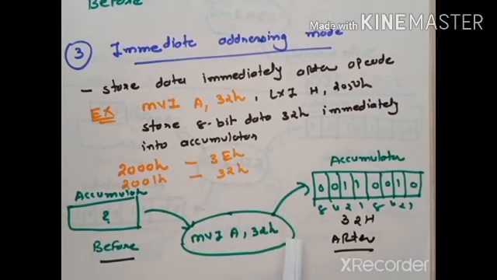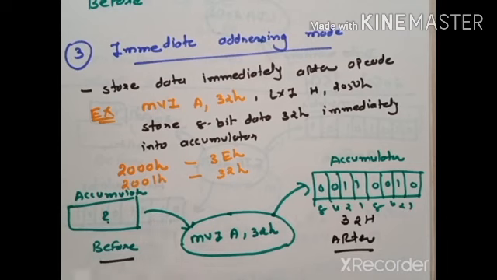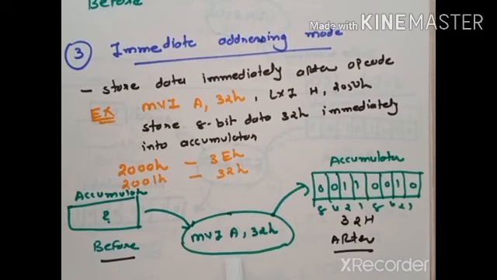This is a 2-byte instruction, that's why it requires 2 memory locations for storage. Before execution, the content of the accumulator is unknown. After execution, the content of the accumulator is 32H. That means 32H is immediately transferred to the accumulator. That's why this mode is immediate addressing mode.